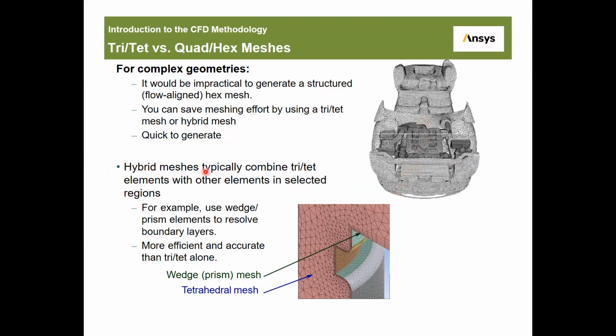Hybrid mesh typically combines tetra with other elements in selected regions. For example, we use wedge or prism elements to resolve the boundary layer. More efficient and accurate than tetra. So dekat bahagian boundary ni, cuba pakai wedge lah. Wedge sebab wedge pun okay, compared to tetra.